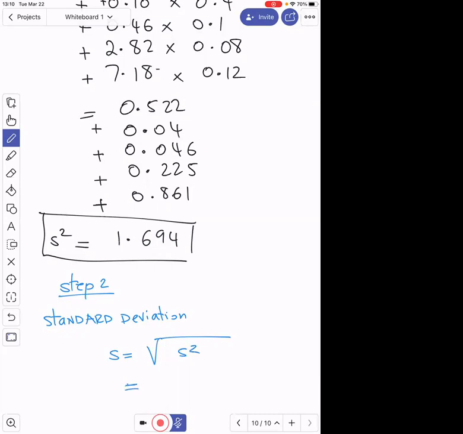So we need to take the square root of 1.694, which is actually equal to, let me see my notes, 1.301. Do you get the same answer, Yanine? Yes, I did. Okay, perfect. Thank you.